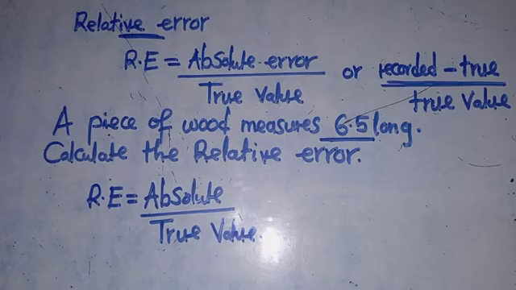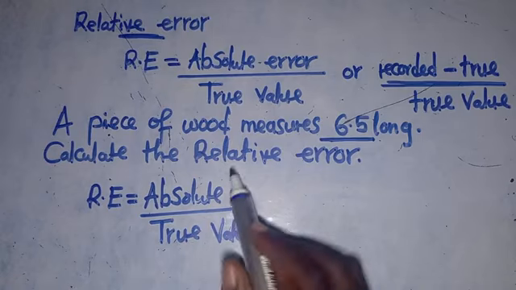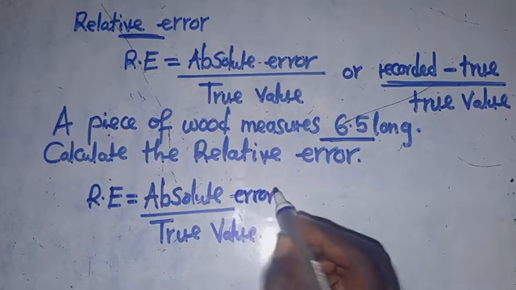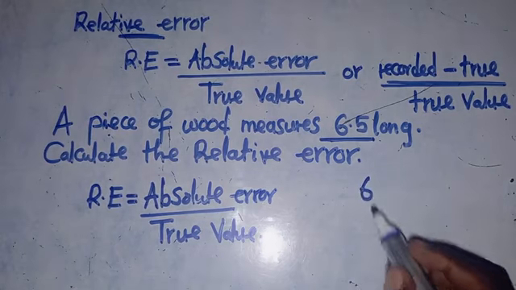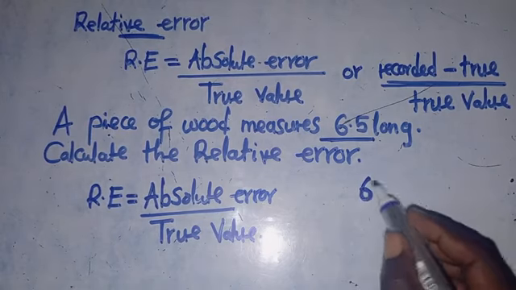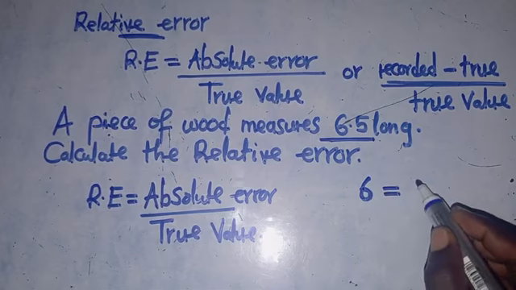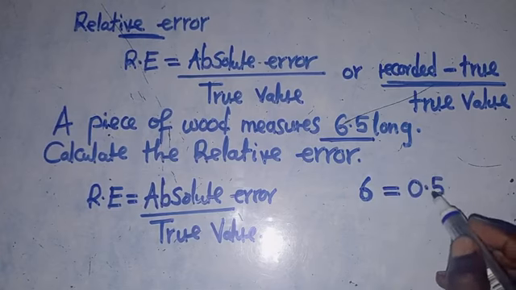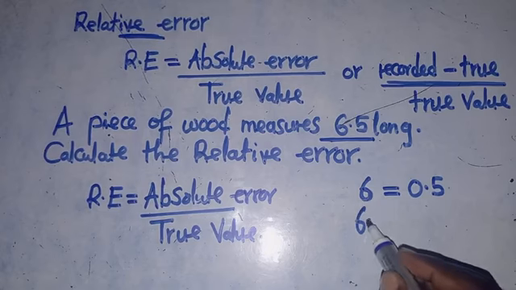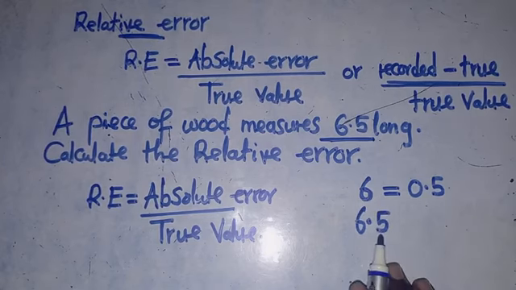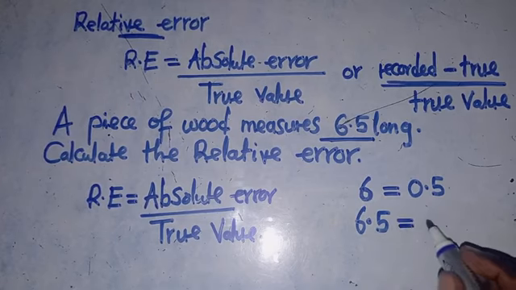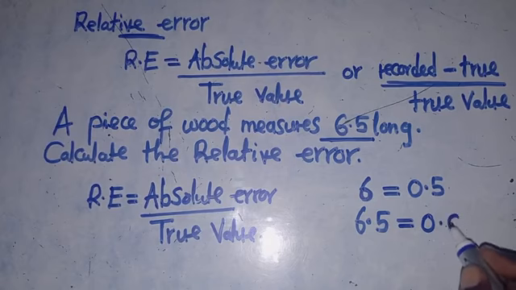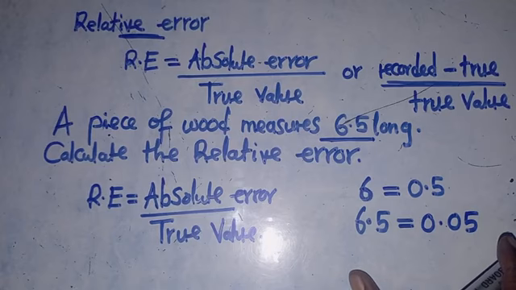For us to come up with the absolute error, I remember telling you that if a number is like 6, having no point, just an odd number, the absolute error is 0.5. If a number is like 6.5, having one decimal place, the absolute error is 0.05. So this is what you need to get.